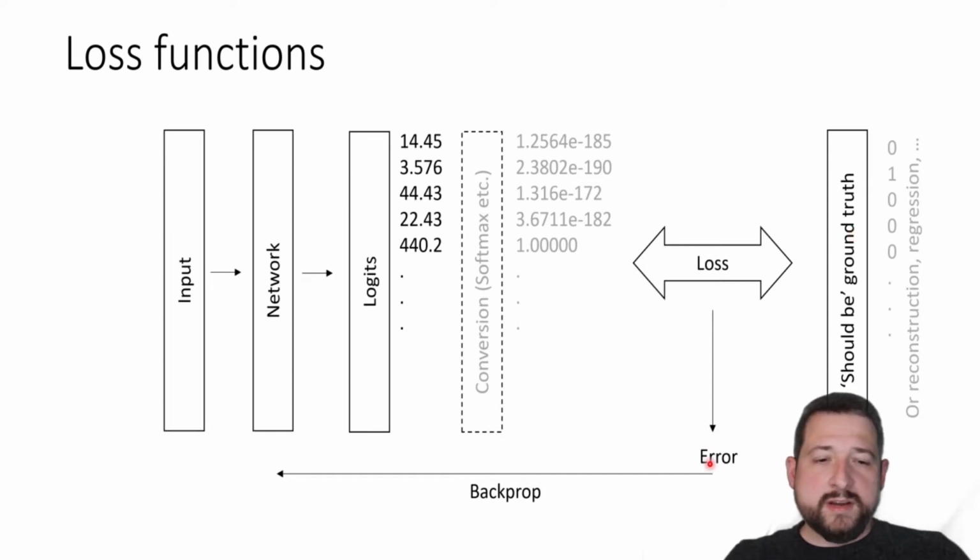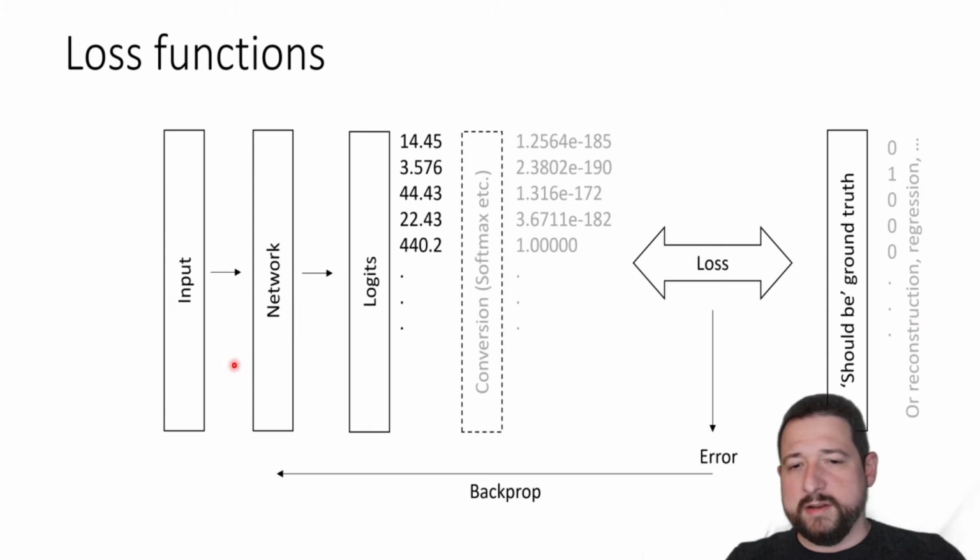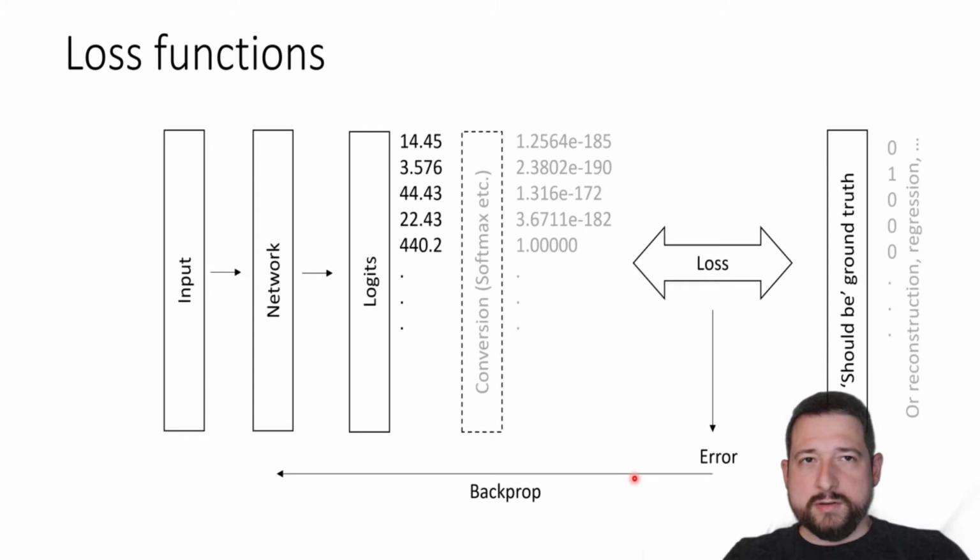And then you use this error and do your usual backpropagation with this error and plug it in your gradient. First gradient, second gradient, and so on. And then this trickles through the whole network back to the first layer, and all the weights are updated. Okay? So this is what is referred to as a loss. It's the error between desired output and your actual output.